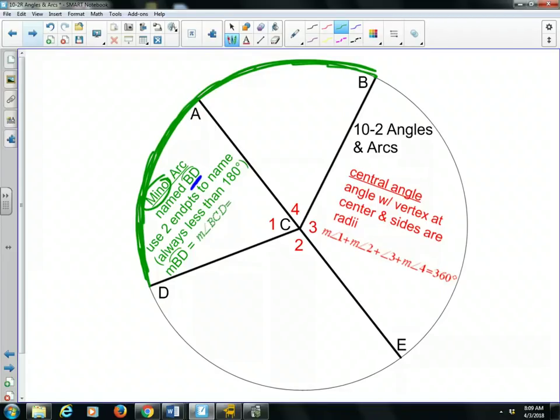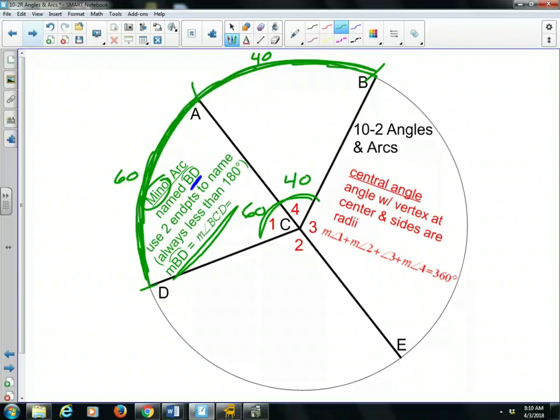Now it says the measure of arc BD, this is what I'm reading right here, equals the measure of angle BCD. BCD, that's this angle right here. Let's say angle 1 is 60 degrees. And let's say angle 4 is 40 degrees. Okay, that means arc AB would be 40 degrees. And that means arc AD would be 60 degrees.